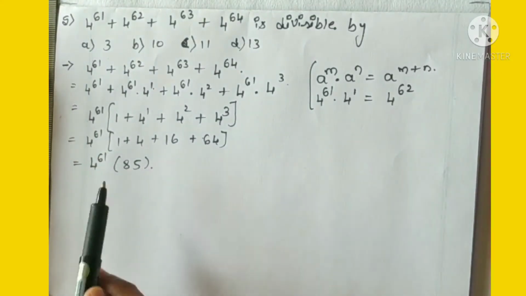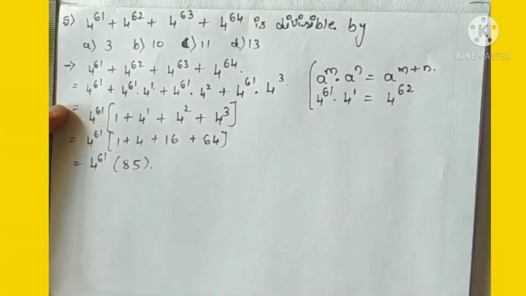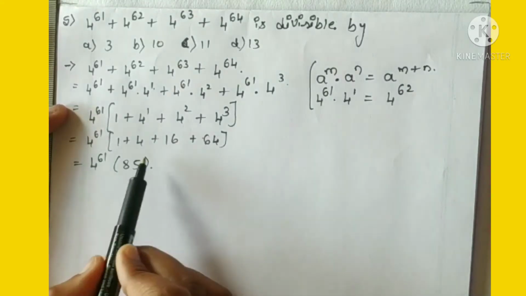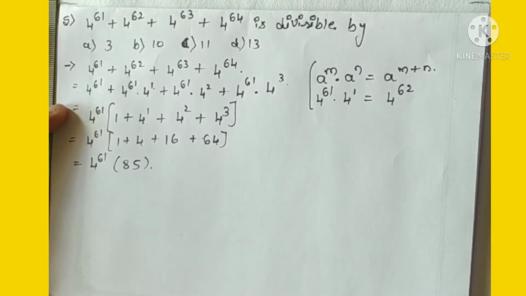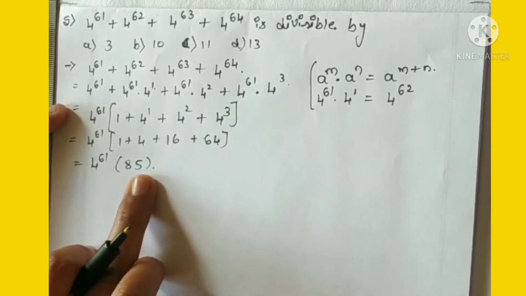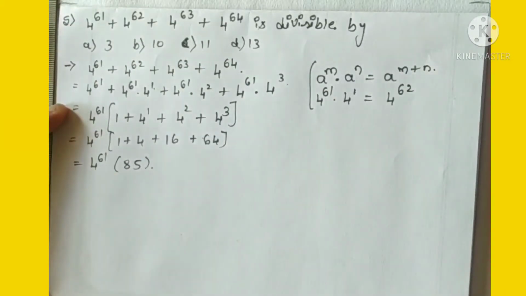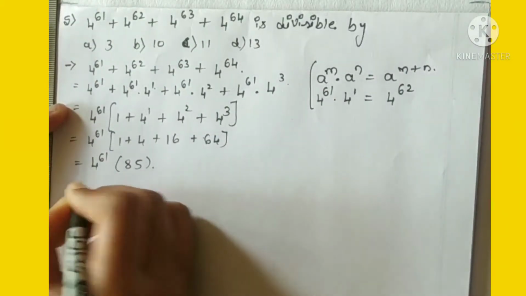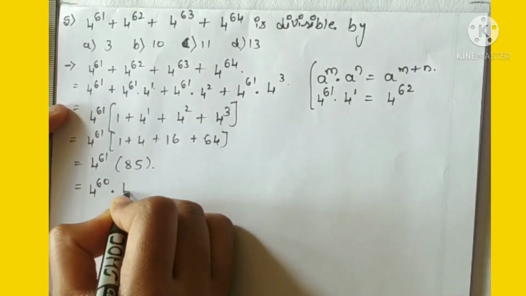Now I just divide this 85 by the given options, so that if 85 is divisible by a given option, then the whole term is also divisible by it. Here I just apply note 1, but here 85 is not divisible by any of these options, so we go for further simplification, that is 4 to the power of 60 into 4.